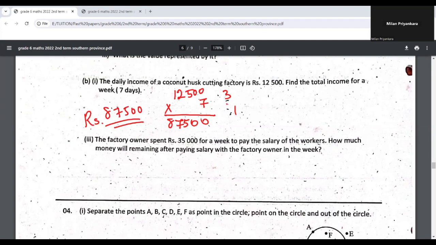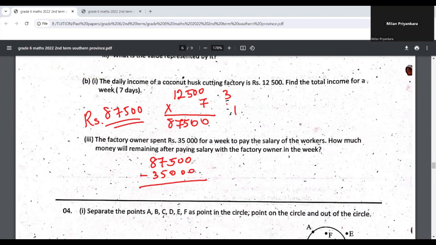The factory owner spent 35,000 for a week to pay the salary of the workers. How much money will remain with the factory owner in the week after paying salary? So for that you have to subtract 35,000 from 87,500. Right. So this is very easy, right?